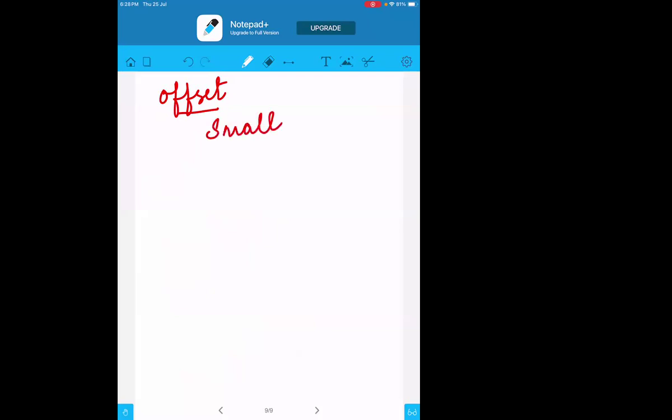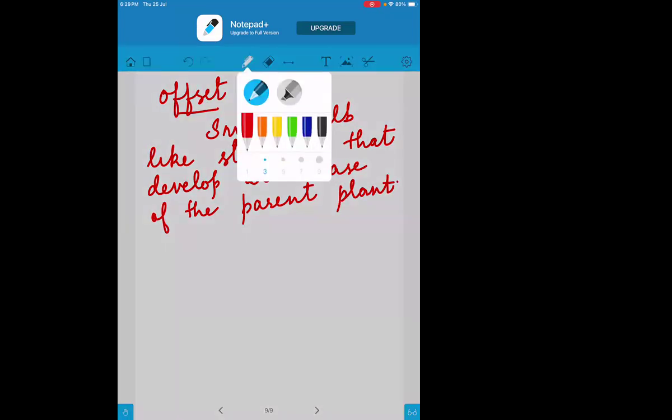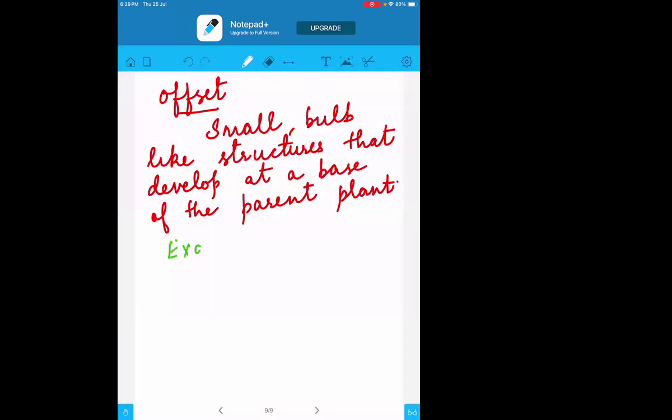They are small bulb-like structures that develop at the base of the parent plant. Whatever the parent plant is, it will form the small bulb-like structure. For example, the water lily.